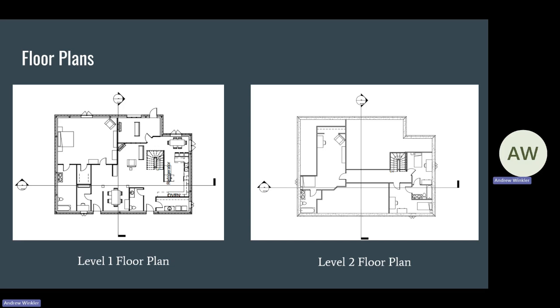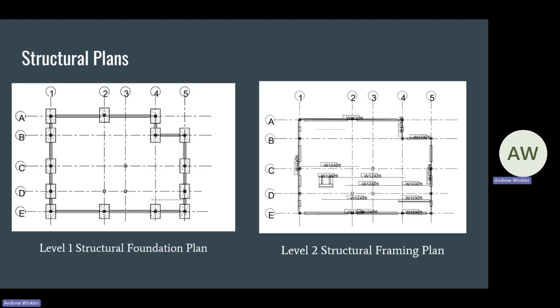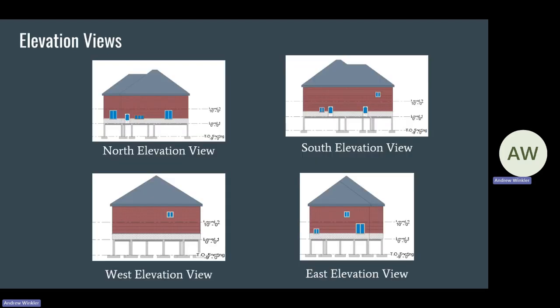This area is not really held up by much except for these beams right here, which we do have in our house. And then the level 2 structural framing plan. This is where we have the beams running across the floors just to provide extra support for the second story.